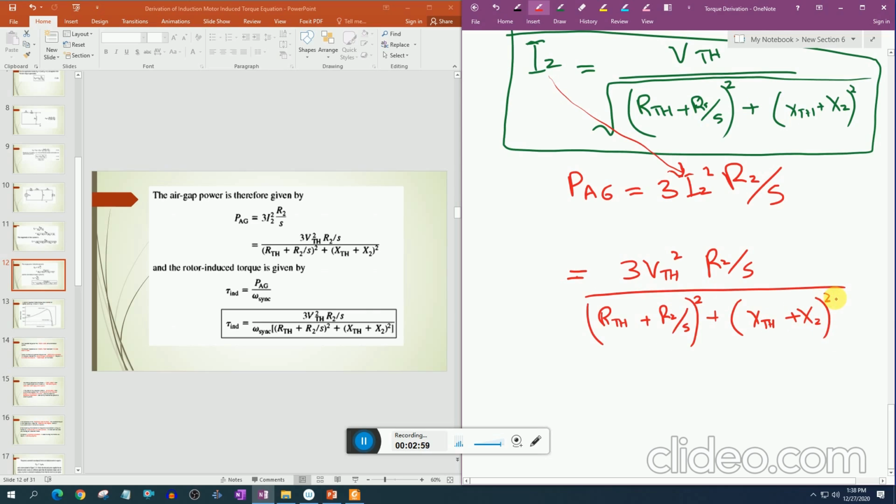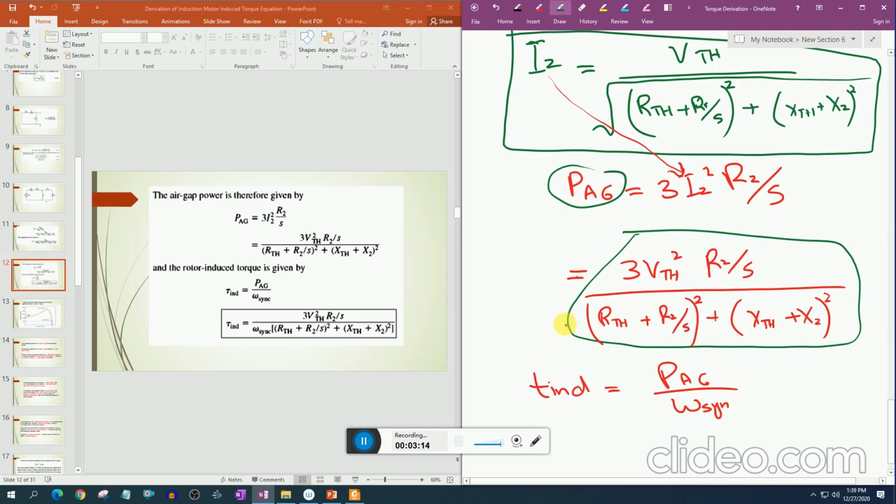This is P of air gap, and torque induced, we know, is P of air gap over omega synchronous. Putting all these values here, we can calculate the torque induced in terms of slip.